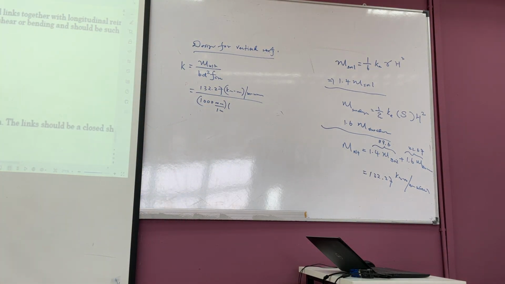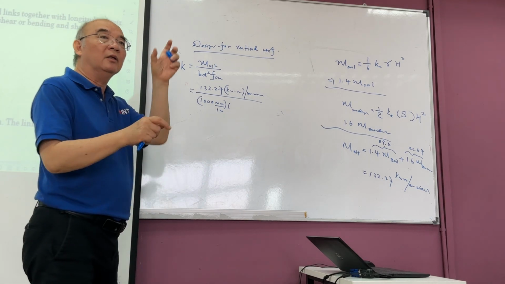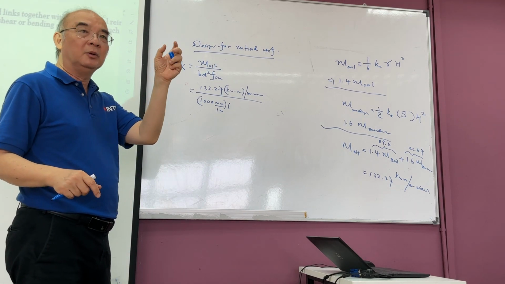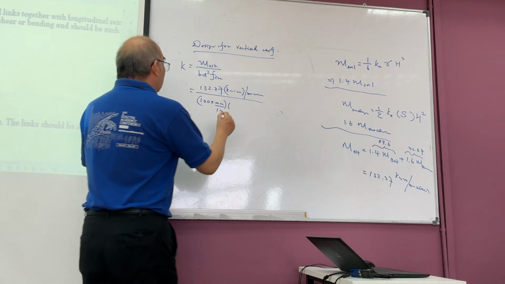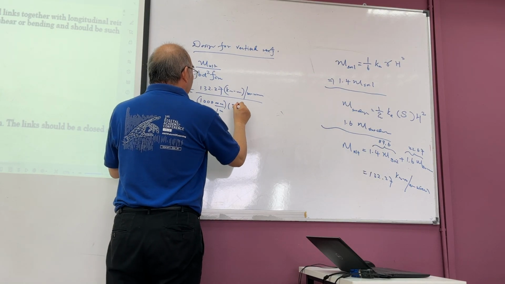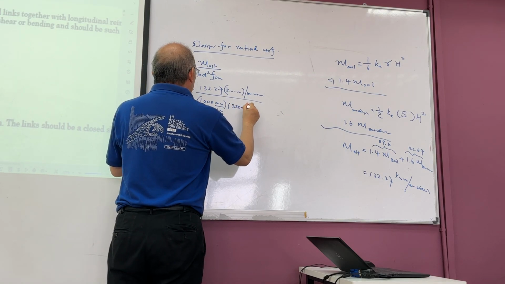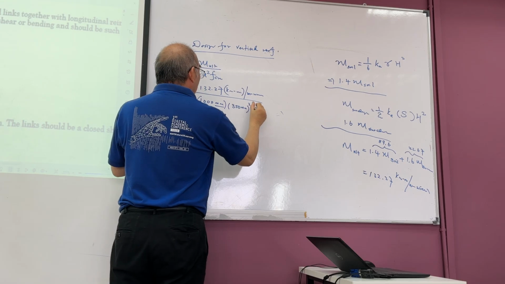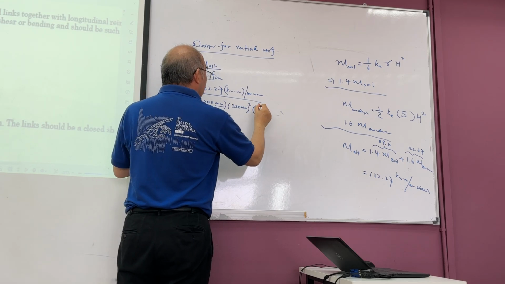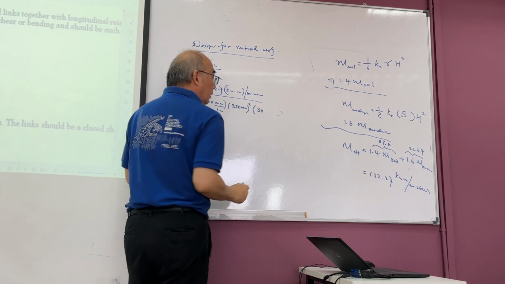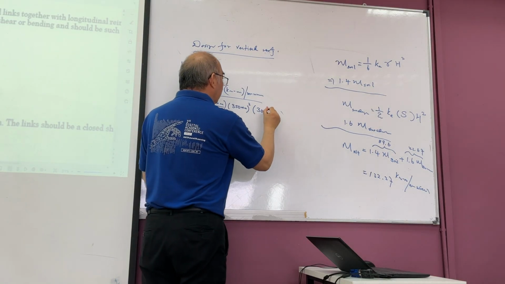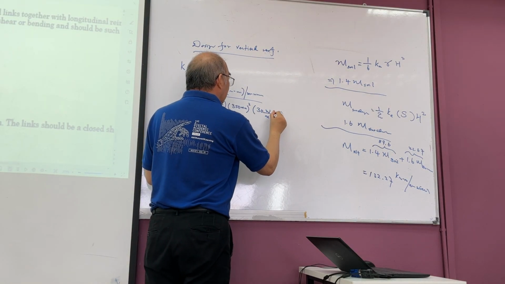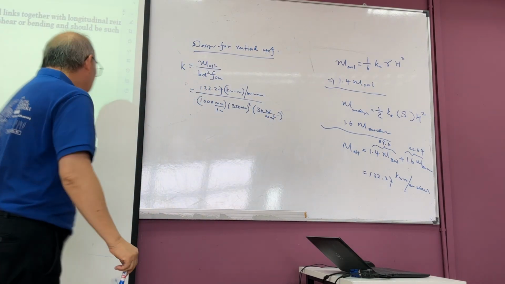D normally I'll give it to you. Let's say D is 350 millimeter. F of CU, let's say, is 30 MPa. MPa is Newton per millimeter square.